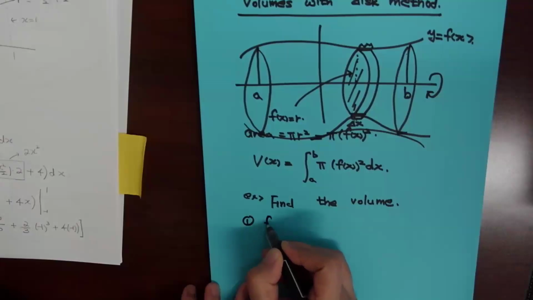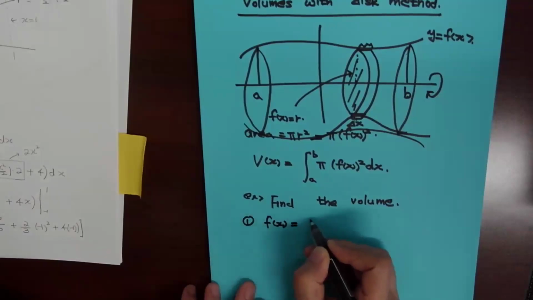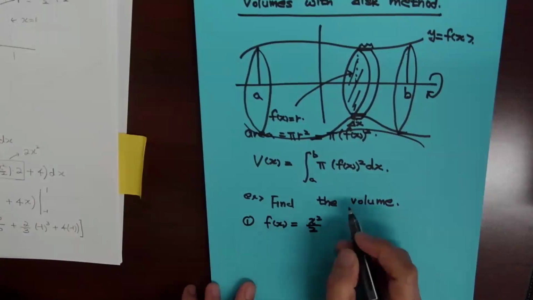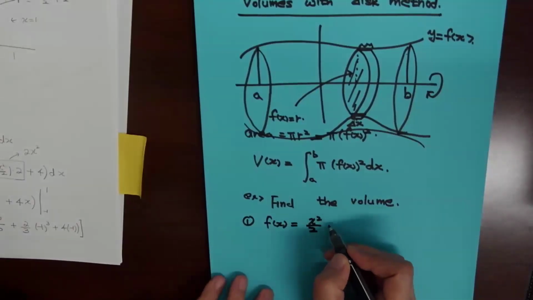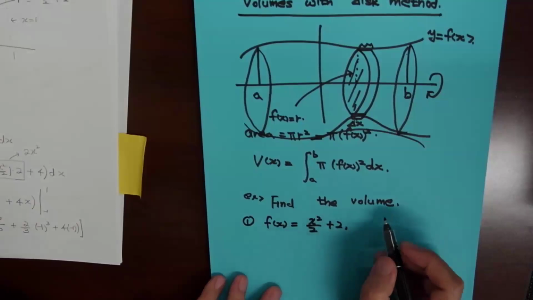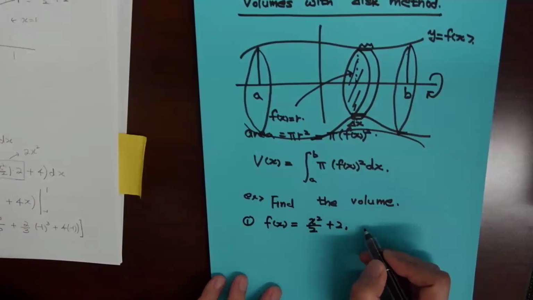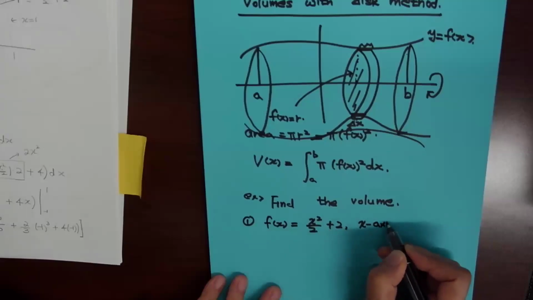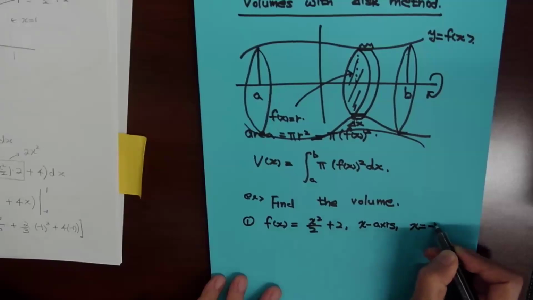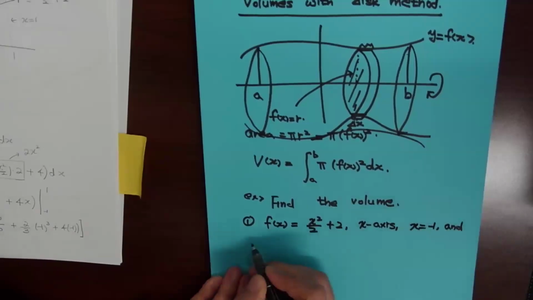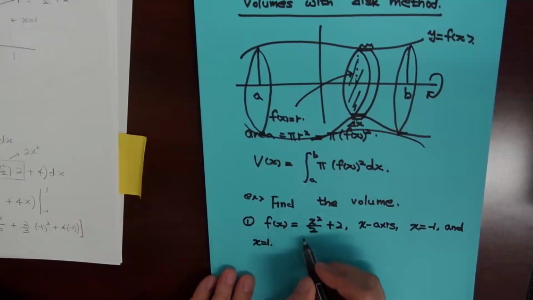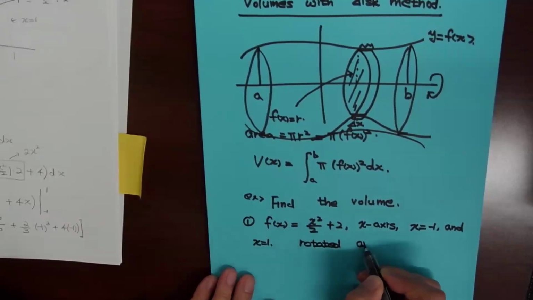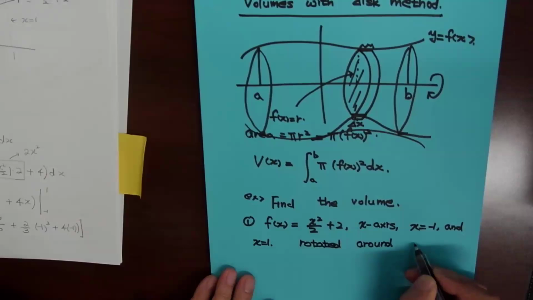So what we want to do is consider the function y equals x squared over 2 plus 2. And we want to think about the region surrounded by f of x and the x-axis, x equals -1 and x equals 1. We rotate around the x-axis.